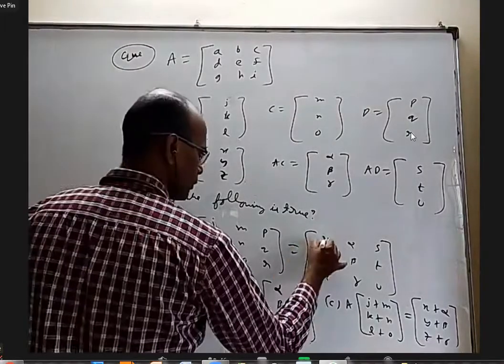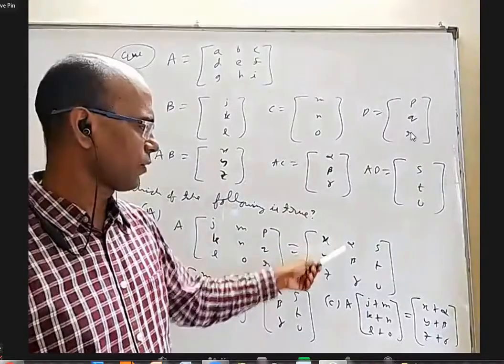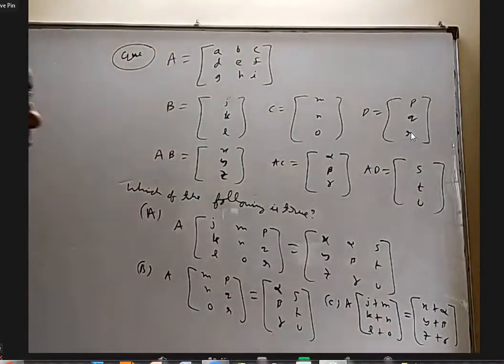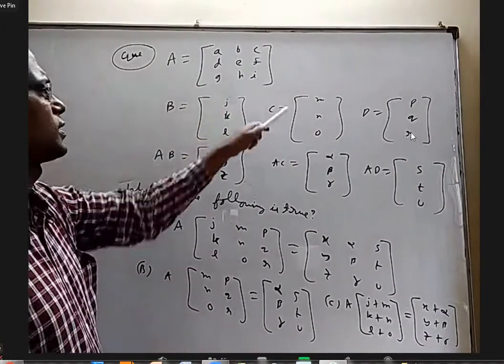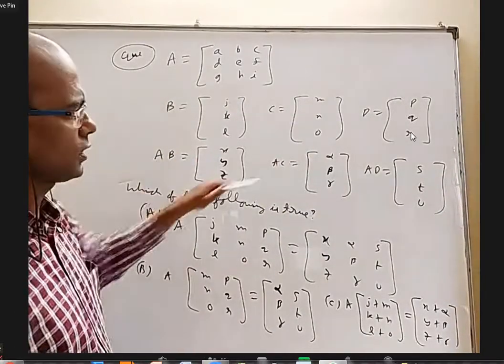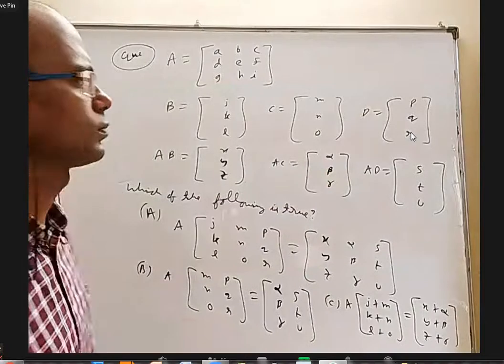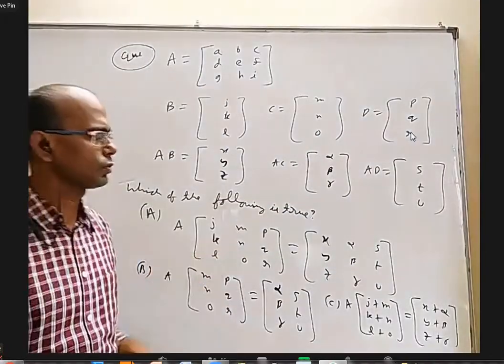Sir, option A, product matrix: what's X, Y, Z, alpha, beta, gamma, ST? Okay, this is ABC, DEF, GHI, this is JKL, MNO, PQR. This is XYZ, alpha, beta, gamma, ST. This is JKL, MNO, PQR.